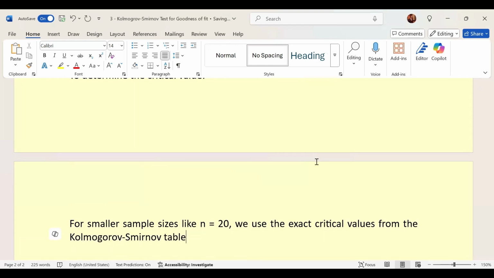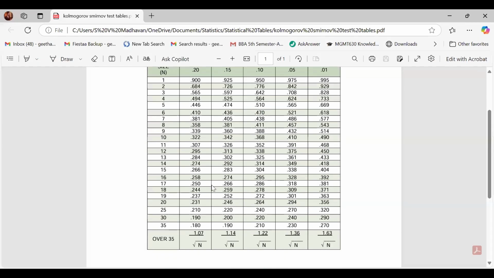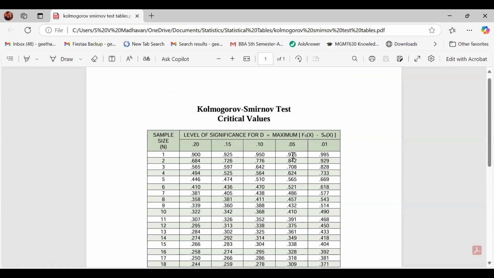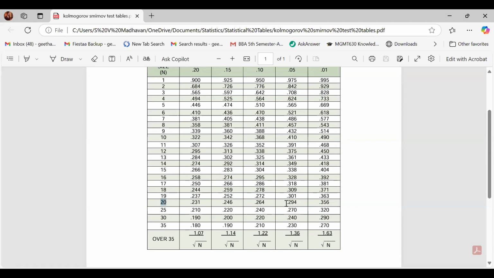So we will bring that table now. This is the table. N is 20, so we have to refer to this 20, and the level of significance is 0.05. That works out to 0.294. That is the table value or the critical value.